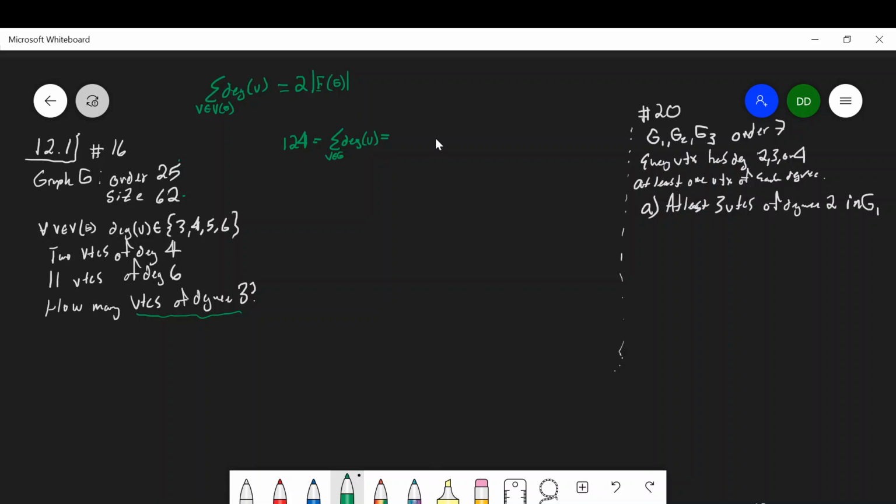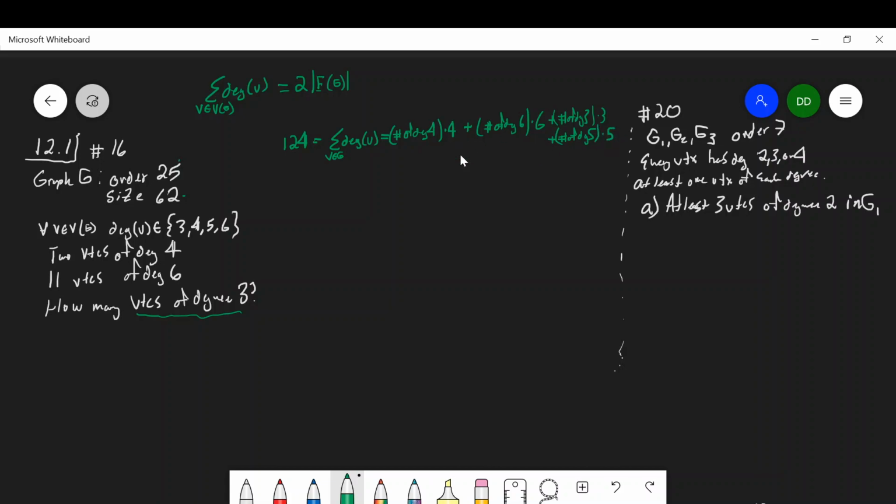To make this as clear as I possibly can, let me write it like this. So equals the number of vertices of degree 4 times 4, that'll be the sum of all the vertices of degree 4, plus the number of degree 6 times 6, plus the number of degree 3 times 3, plus the number of degree, what's the remaining one? 5 times 5.